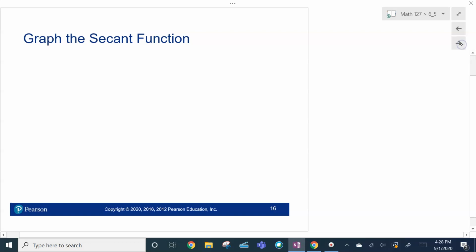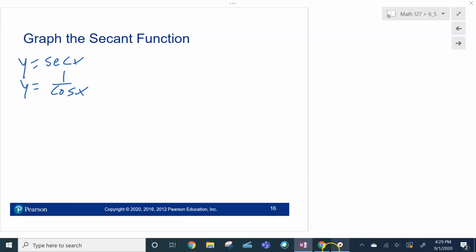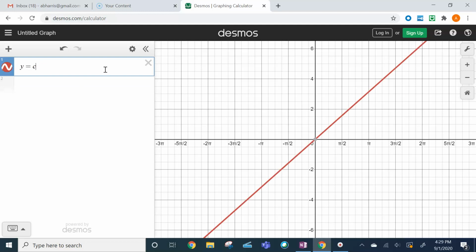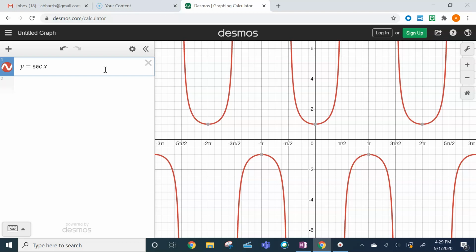All right, our last one here to talk about is our secant function. So our secant function, well, secant is 1 over cosine. Where's our vertical asymptote? So you're thinking about that the same way. Where's cosine undefined? Secant of x.